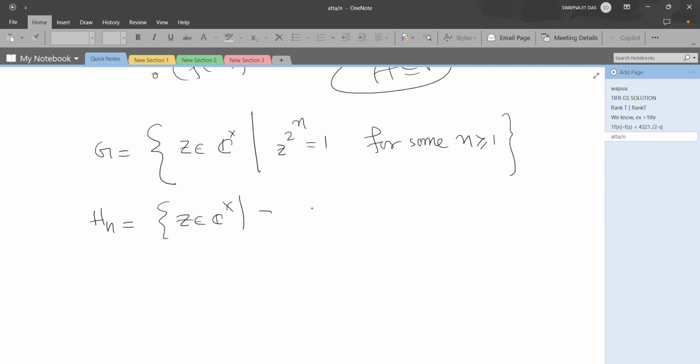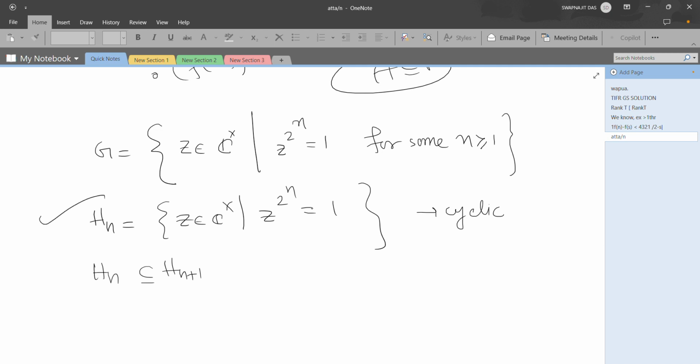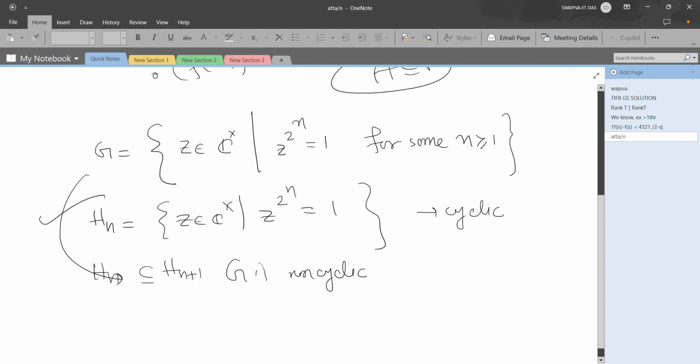Okay, so define Hn as the set of x such that x power 2 power n is 1. You can show that Hn is contained in Hn plus 1, and Hn is cyclic. You can first show that Hn is cyclic, and you need to show that G is non-cyclic.